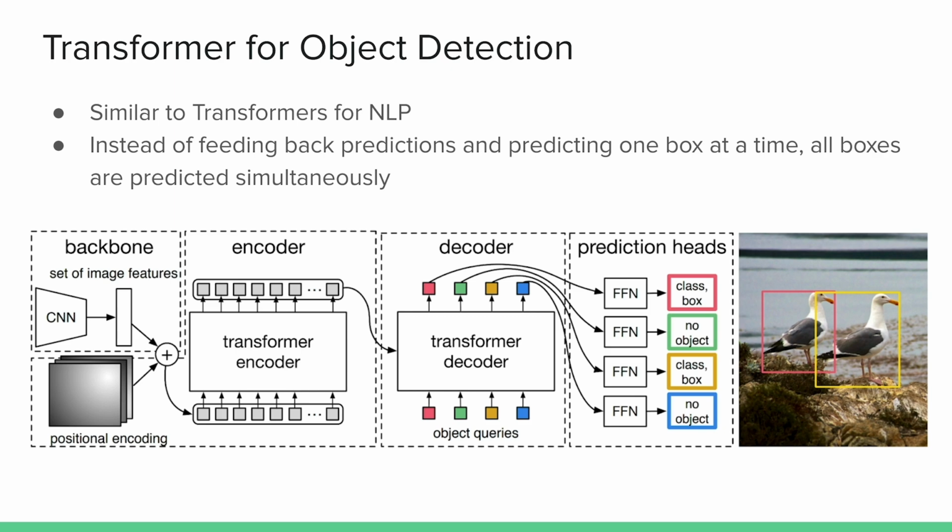They have these so-called object queries in the decoder, that are fed into the transformer, and for each of these object queries they produce one output prediction that is then classified and refined with a final feed-forward network in the end. So the number of objects that we're able to predict is equivalent to the number of object queries that we feed into our transformer.